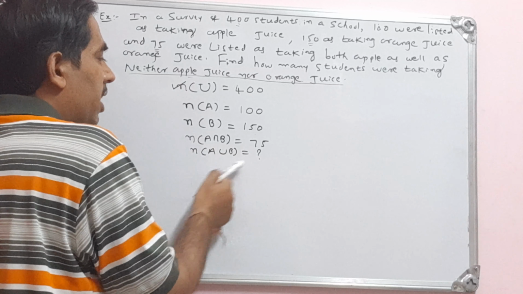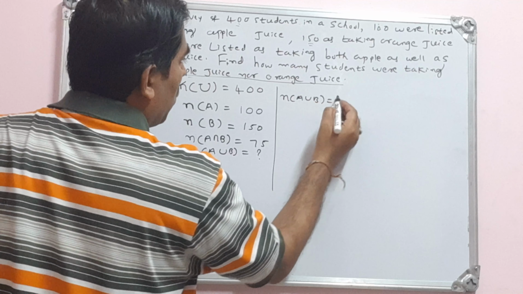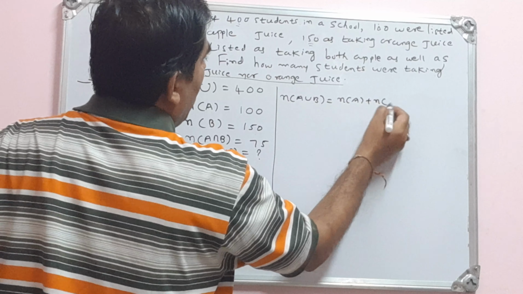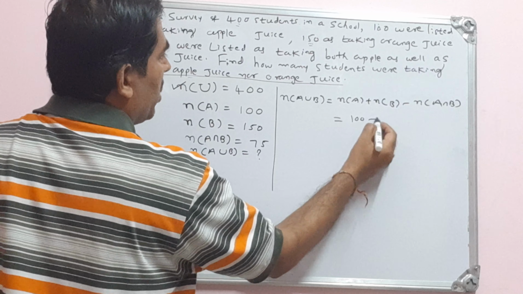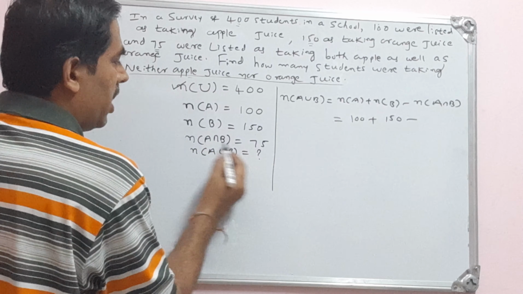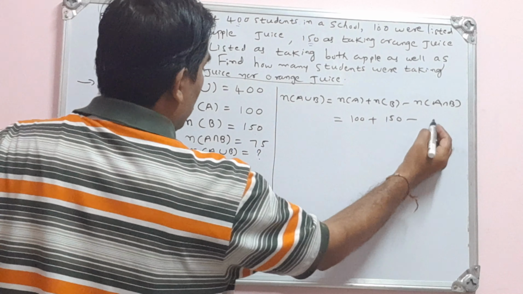Let us use the formula. We know n of A union B is equal to n of A plus n of B minus n of A intersection B. These are overlapping sets. I will substitute here: n of A is 100 plus n of B is 150 minus the persons who like both the juices, that is 75.